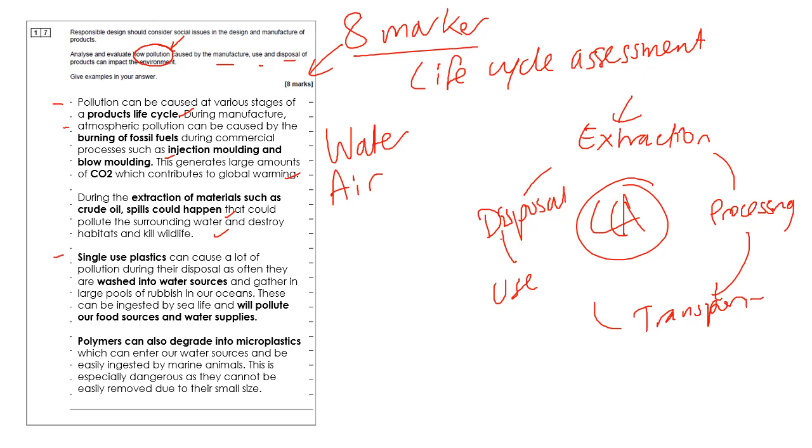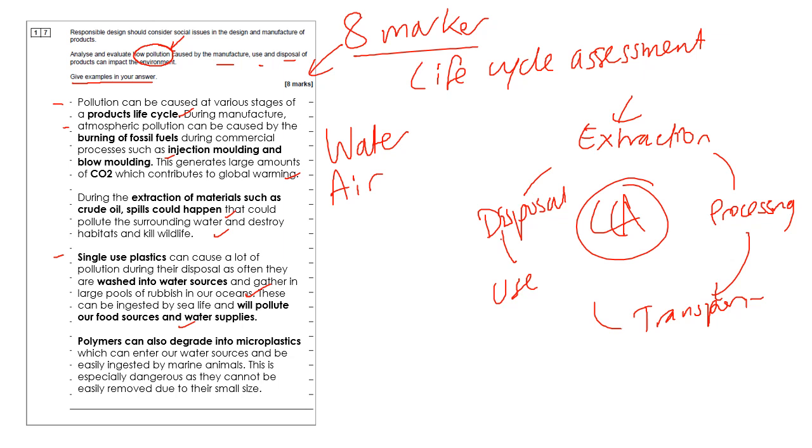The disposal here, I'm talking about single-use plastics. So there's some of my examples again, because this is asking me to give examples. Single-use plastics can cause a lot of pollution during their disposal, as often they are washed into water sources and gather in large pools of rubbish in our oceans. These can be ingested by sea life and will pollute our food sources and water supplies.